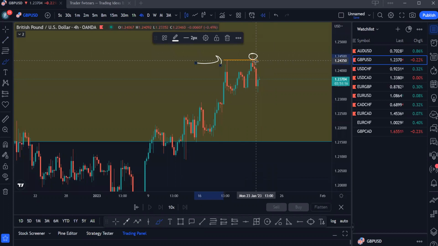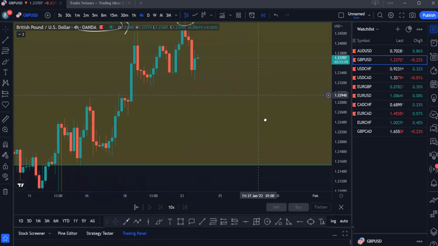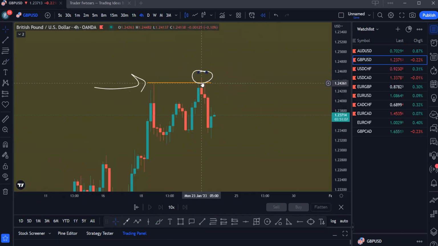But this is just a wick. The body of the candle did not close above that high. So I wouldn't consider this as a break of structure, right? I would only consider it as a liquidity grab, possibly. So over here, I don't have any reason to look for buys yet.